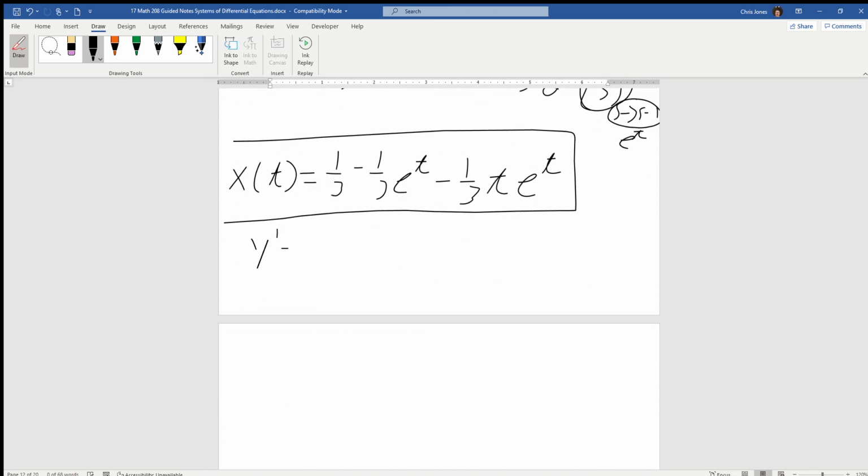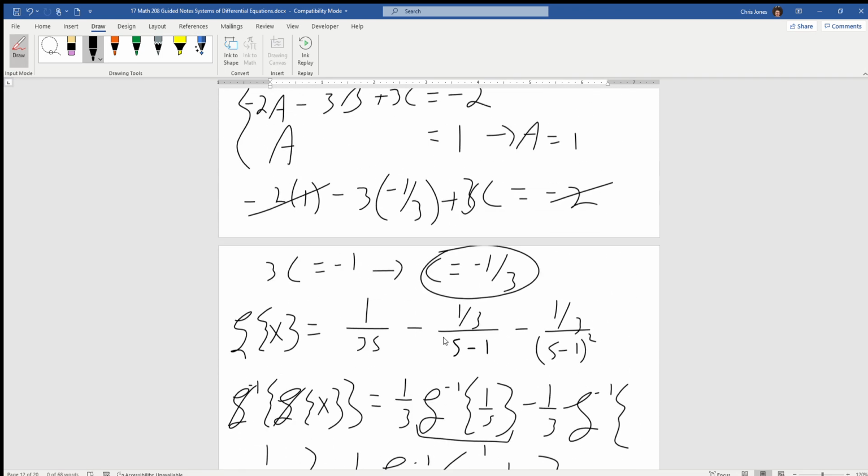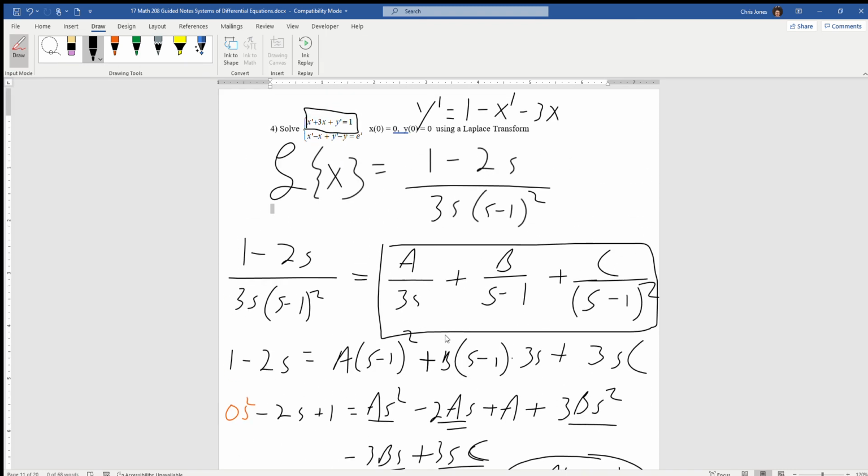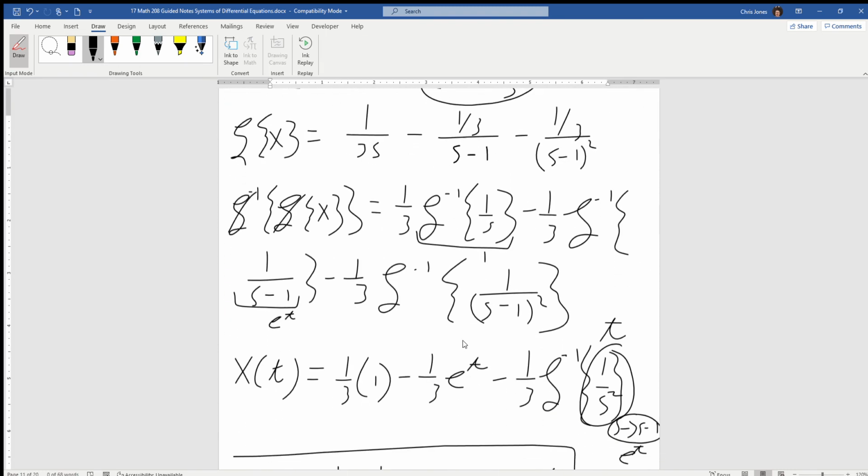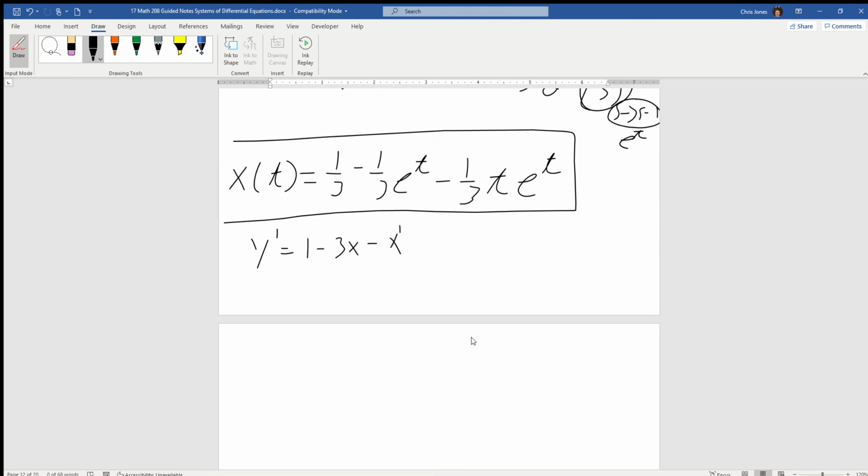So y prime is going to be equal to 1 minus 3x minus x prime. Let me make sure I copied that down correctly. Yep. Okay, and we know what x is, so we can just substitute x right in there. We can get x prime very easily. x prime is just the derivative of this mess. The derivative of 1/3 is just 0.